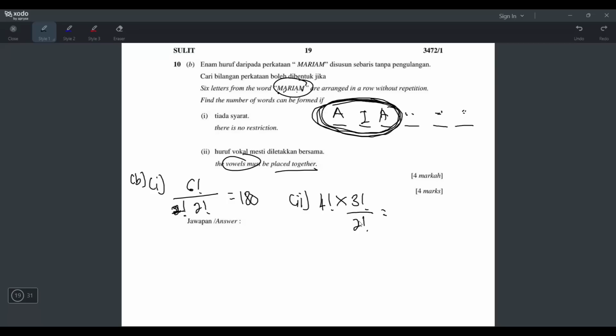I forgot one very important thing. When we calculate the number of ways, we put 4 factorial. But when we choose from the 4, the AIA I will cut already because it is already placed here. So you are left with MRM. When you arrange these 4 things, there are identical objects also, which is the MM.